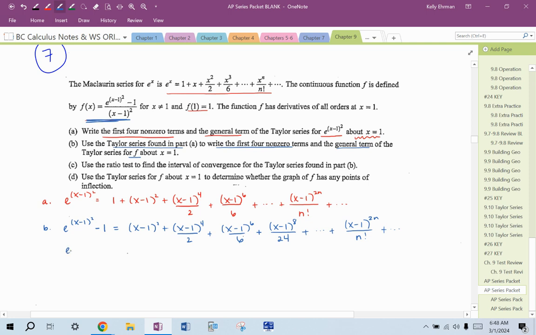And then the last step is to make this truly f of x. Now we need to divide all of those terms by (x minus 1) squared. So just the finishing piece here.